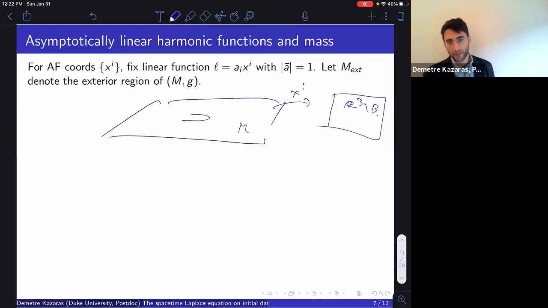Okay, so fix some coordinates, x1, x2, x3, x, y, z. Okay, and now fix some linear function of those, some linear combination of those things. Or we just think of like just the function x, or x1, say, on your manifold.